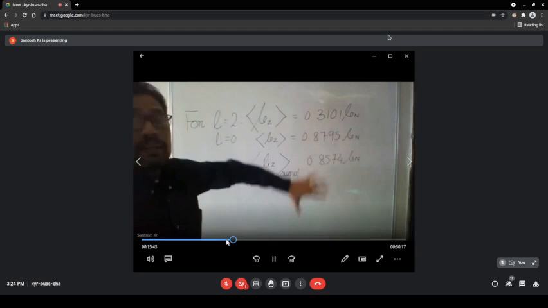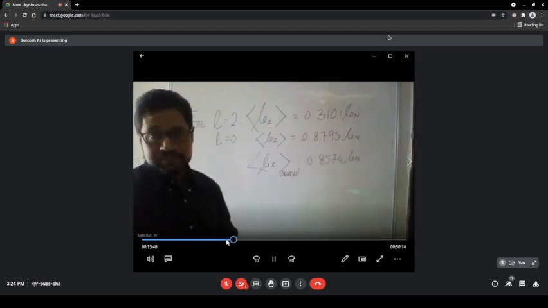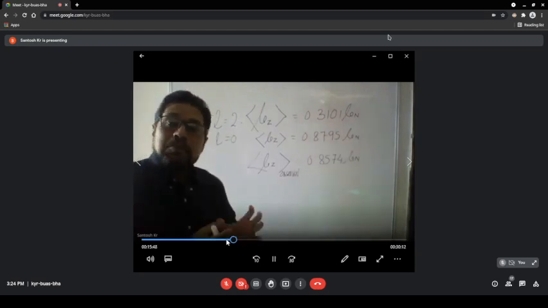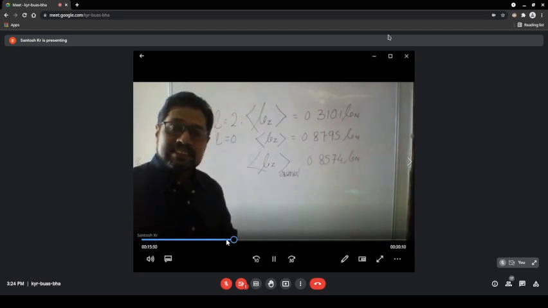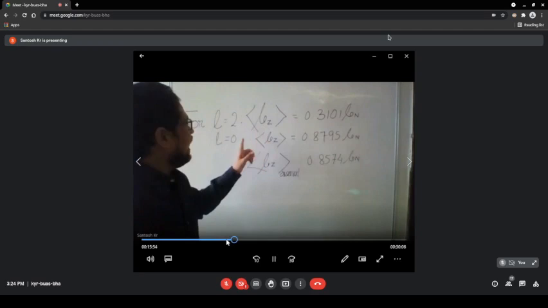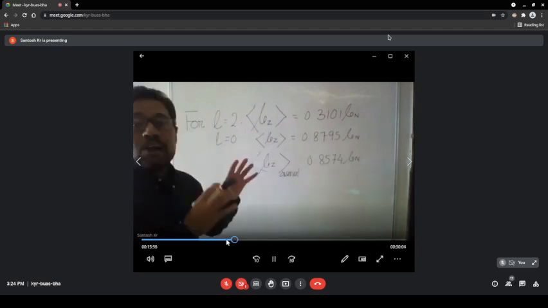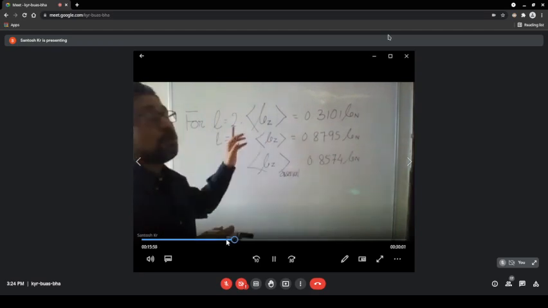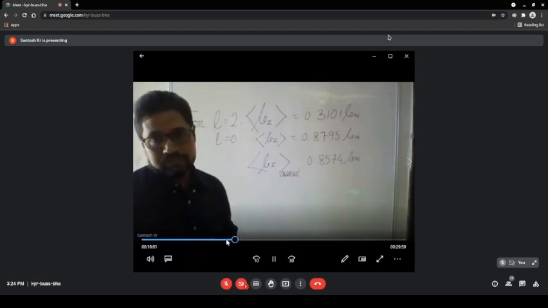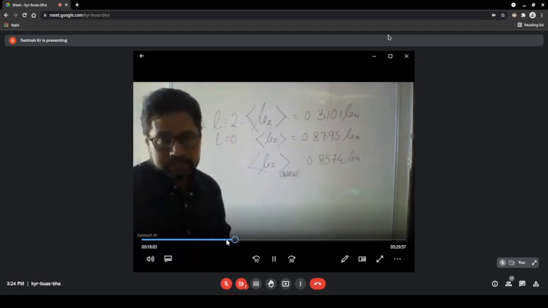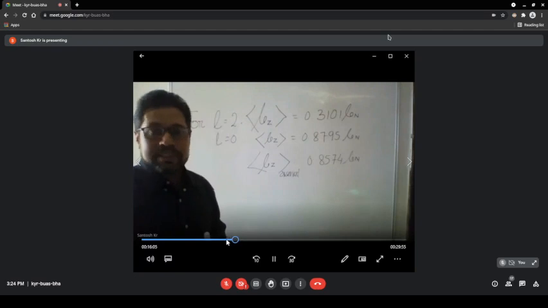This we found. Now we'll see how much percentage is n equal to 0 and how much percentage is n equal to 2. So what we'll do for that?